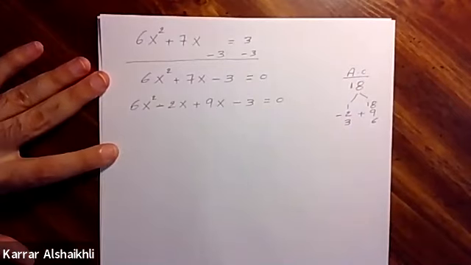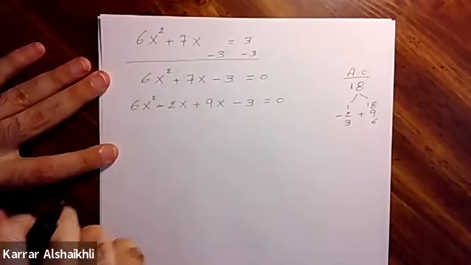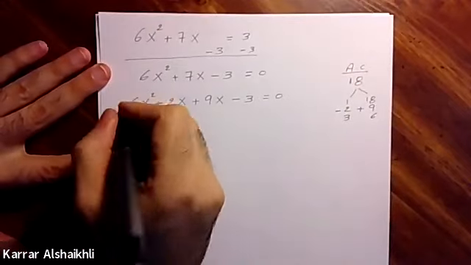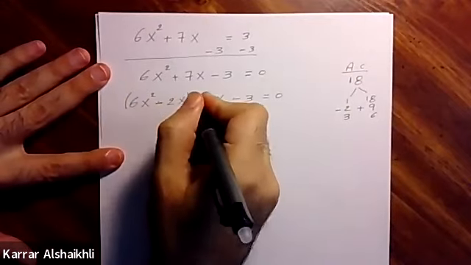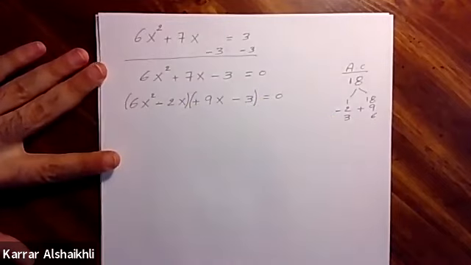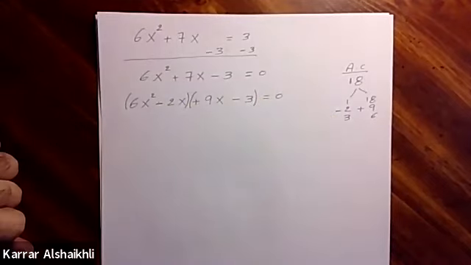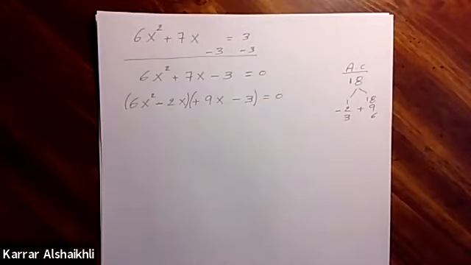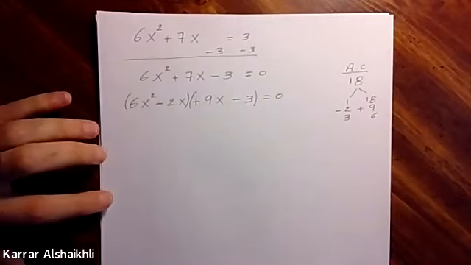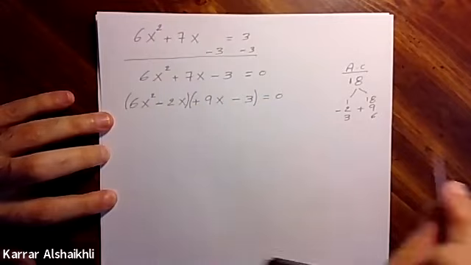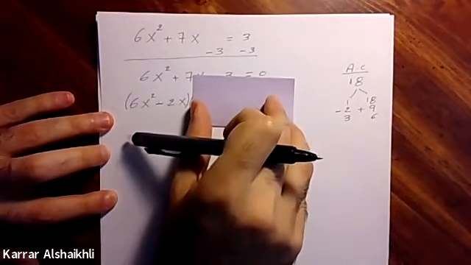Now the next step, we have 4 terms. We're going to group the first 2 terms and the last 2 terms. We're doing exactly the same steps as the AC method, just the last step is new for you. So we're going to hide this one.